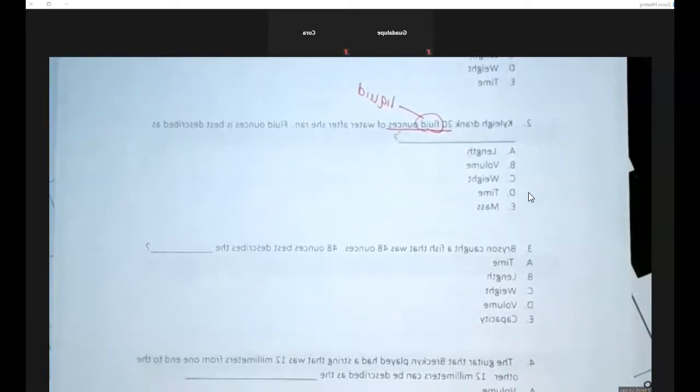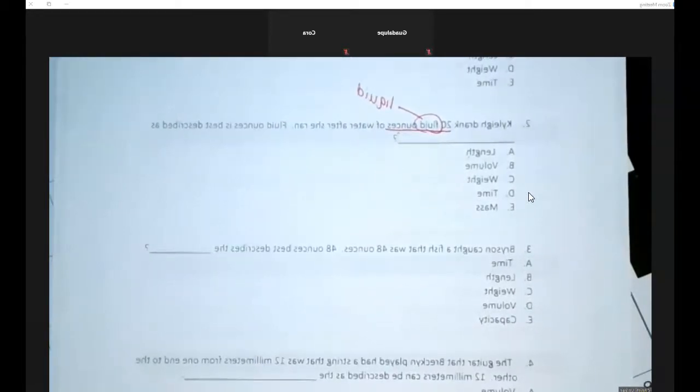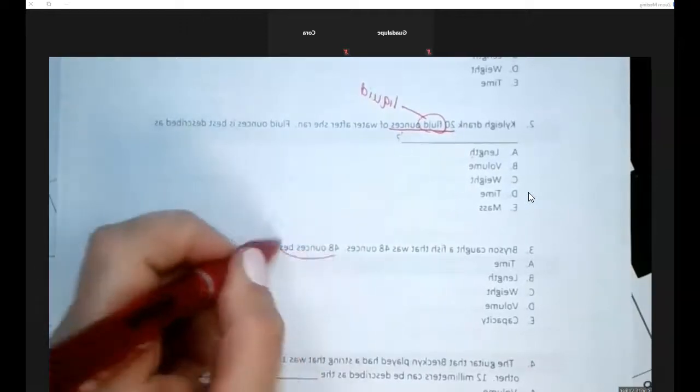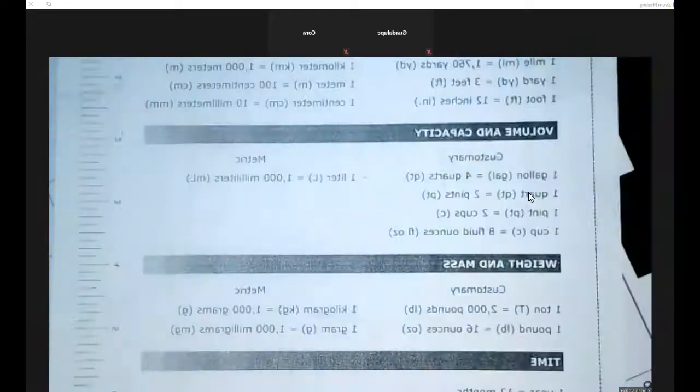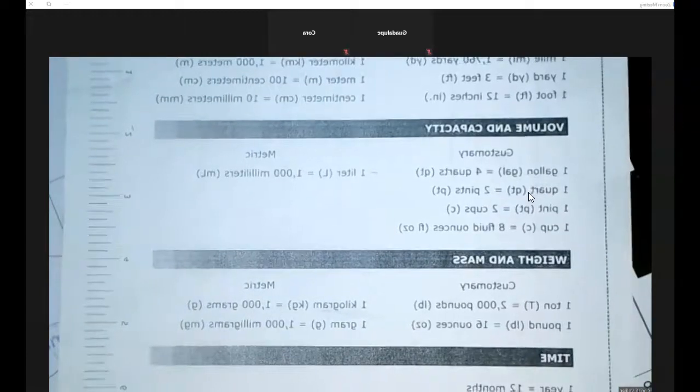Bryson caught a fish that was 48 ounces. 48 ounces best describes the time, length, weight, volume, or capacity. So 48 ounces, I'll let you look at the chart. So do we think it's time?